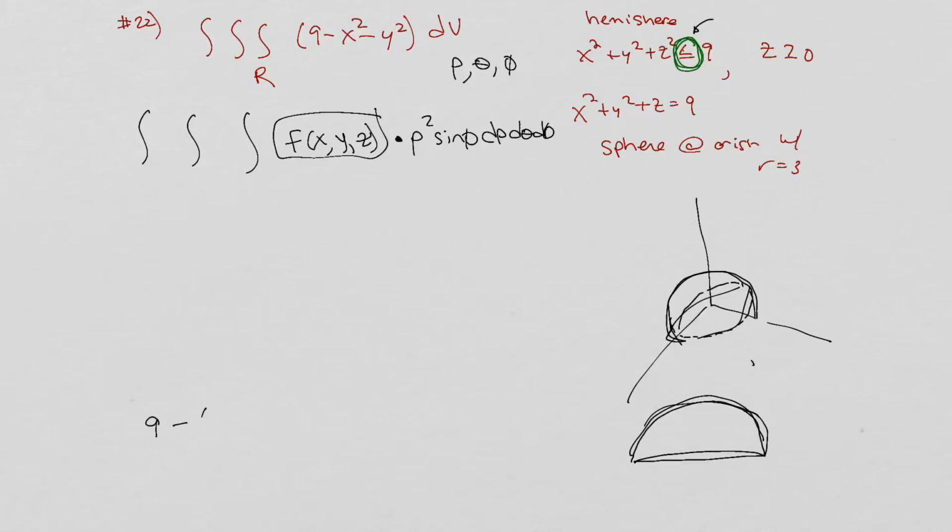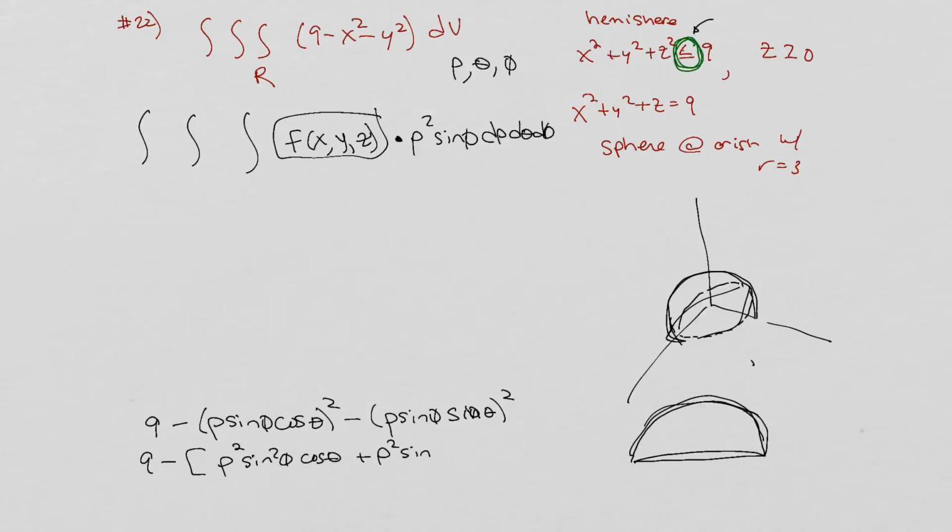Let's see. X is the same thing as rho times sine phi times cosine theta. Right? So there's x squared. Y is rho times sine phi times sine of theta, squared. Right? And if I factor out this minus sign, we've got this rho squared sine squared phi cosine squared theta plus rho squared sine squared phi sine squared theta.